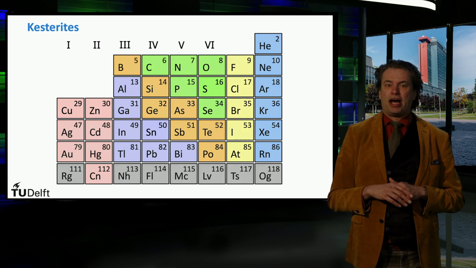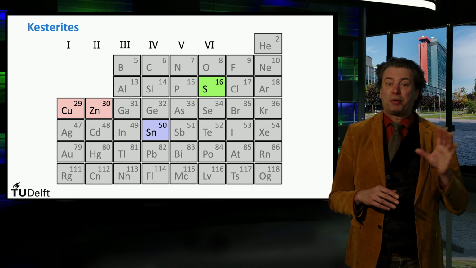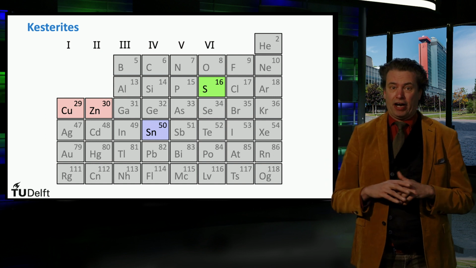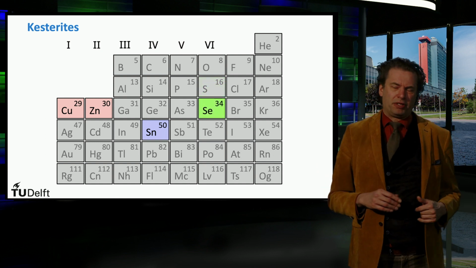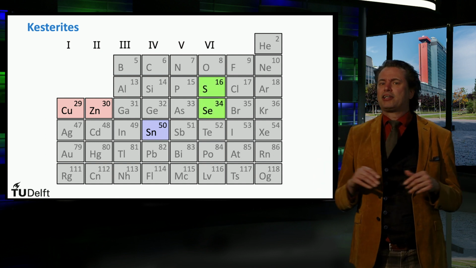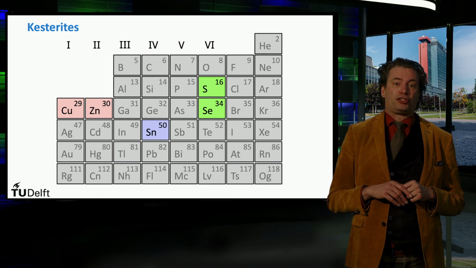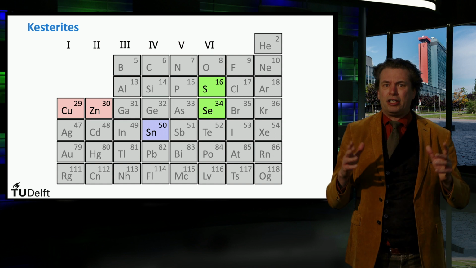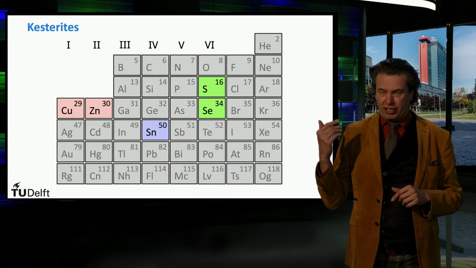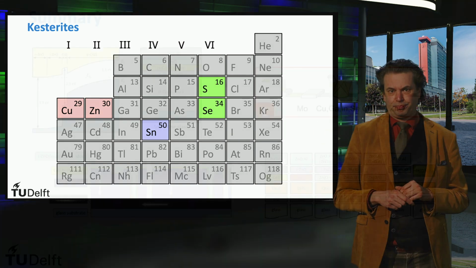Examples of kesterite semiconductor compounds are copper zinc tin sulfide, copper zinc tin selenide, or a combination of both. The highest conversion efficiency of a cell based on this non-toxic and abundant semiconductor material is still significantly smaller than that of the traditional CIGS solar cells.